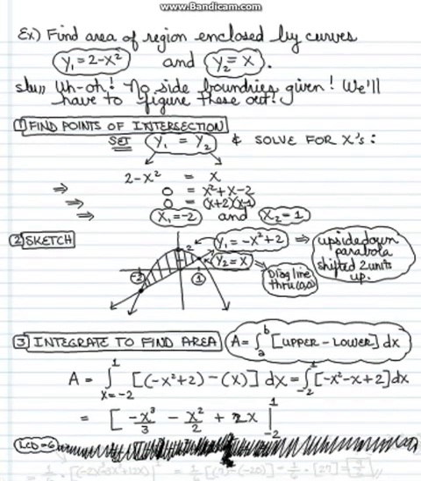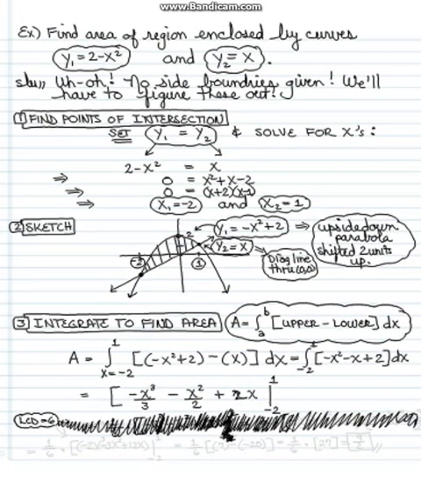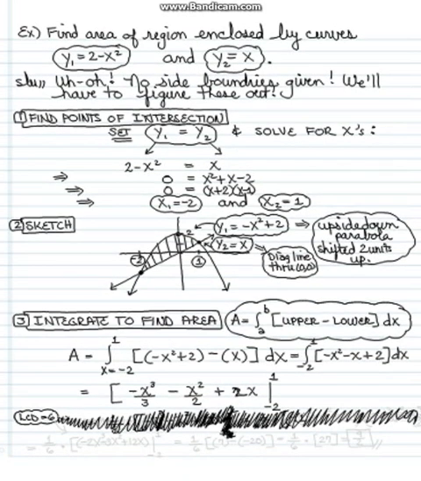Let's see, I have a big mistake, but I'm going to scroll down to where I pick it up. It's equal to 1/6 times negative 2x cubed minus 3x squared plus 12x, evaluated from x equals negative 2 to 1.